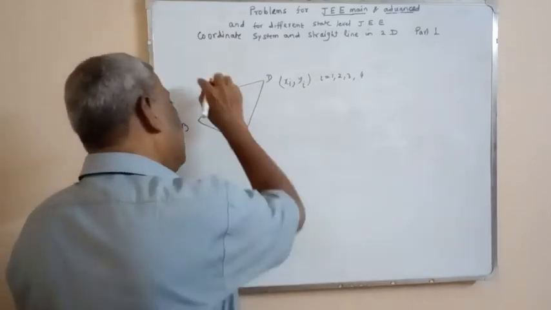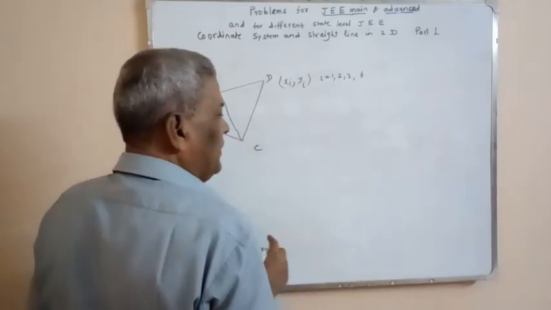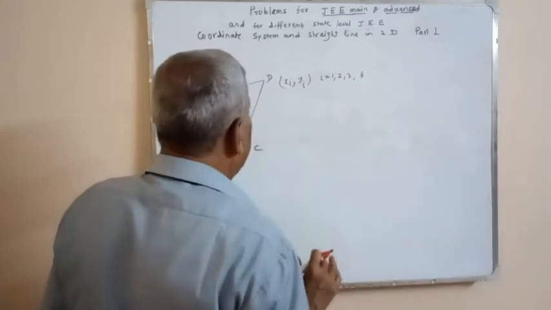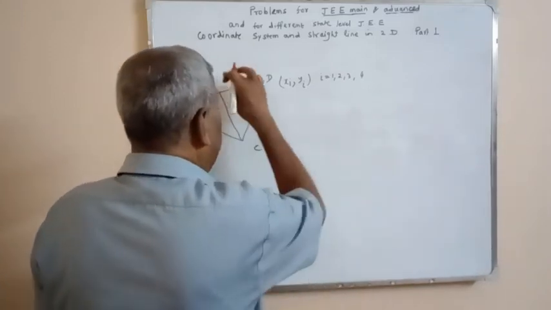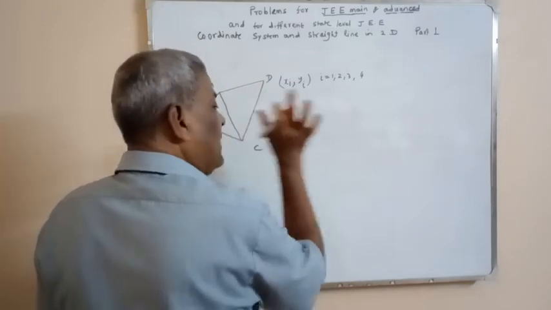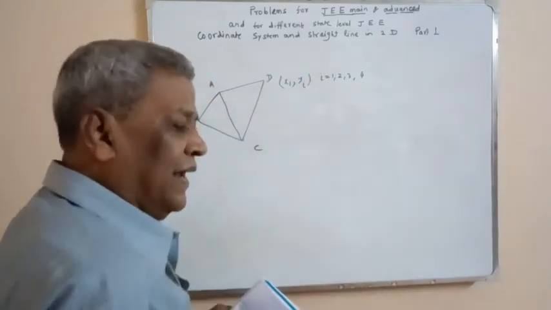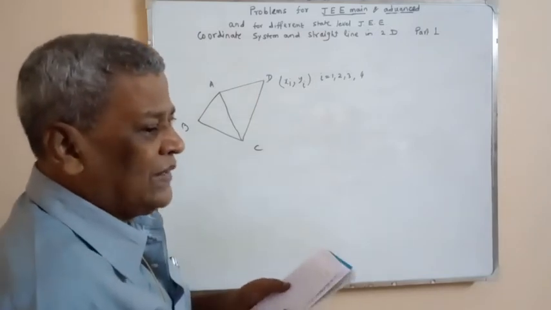Now you can find the area of ABC, give it a modulus sign, take the positive sign, and then find the area of ACD, give it a modulus sign. Then this would be the area of the quadrilateral.